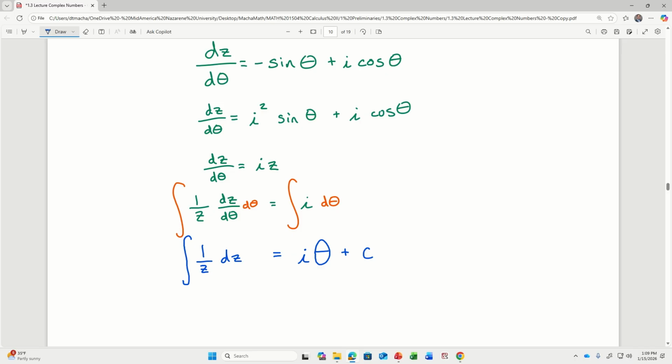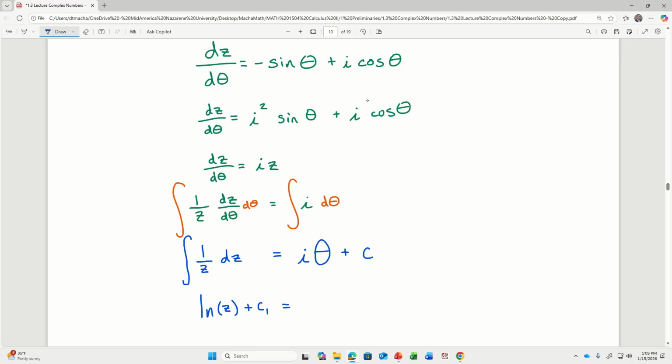Natural log of z. Yeah, there we go. The antiderivative of 1 over z with respect to z would be the natural log of z plus a constant, right?